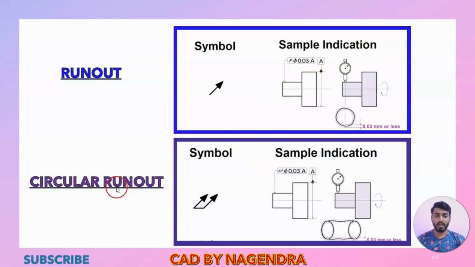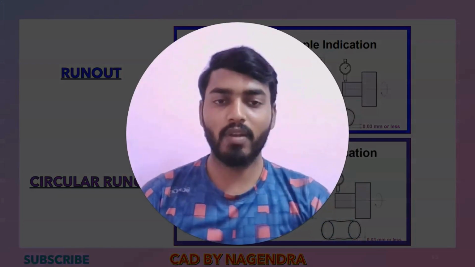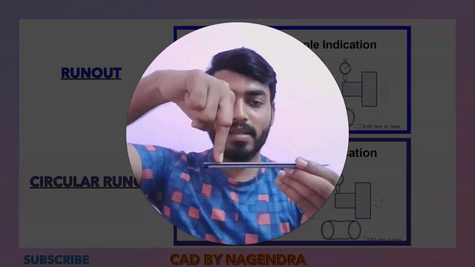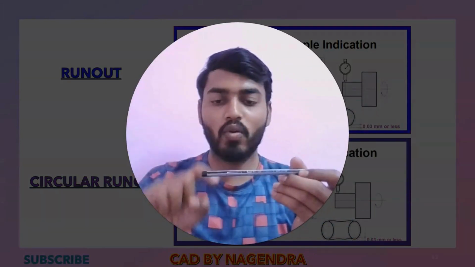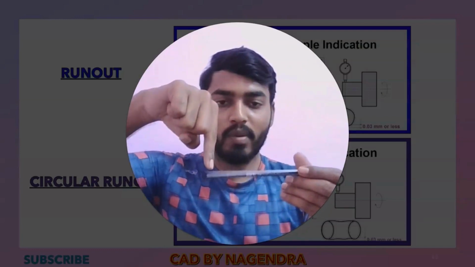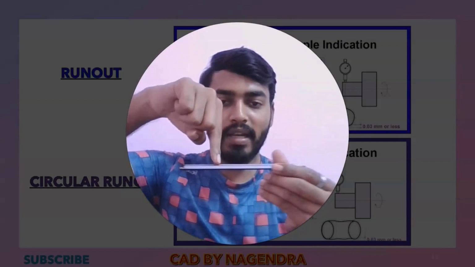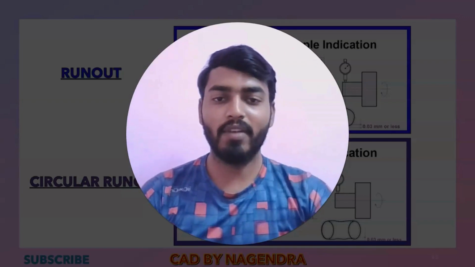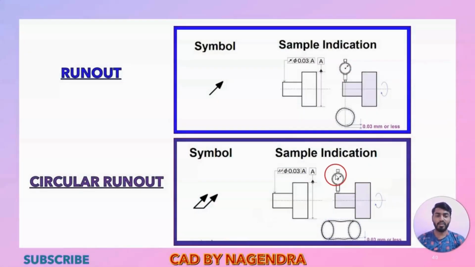Runout is nothing but circularity checked only at a particular point. But if you go with the circular runout, the entire thing will be checked. Here the same dial gauge will be placed and this cylinder will be in rotary motion. Runout means the dial gauge will be placed here and it will be rotating. We will check only at that particular point. But circular runout means this will be rotating and this will be moving linearly also. So for the entire cylinder we are able to check that deviation by using this dial gauge indicator.